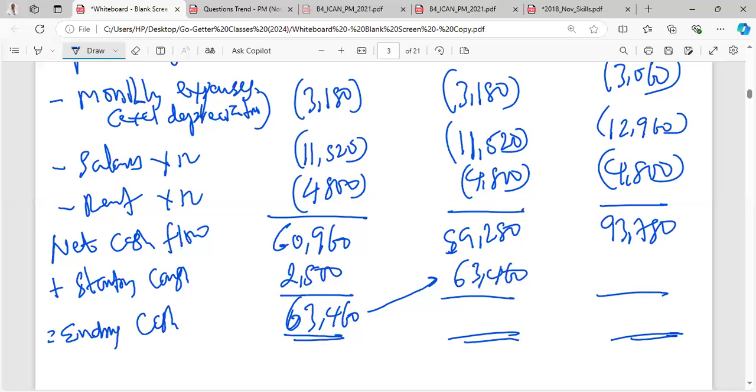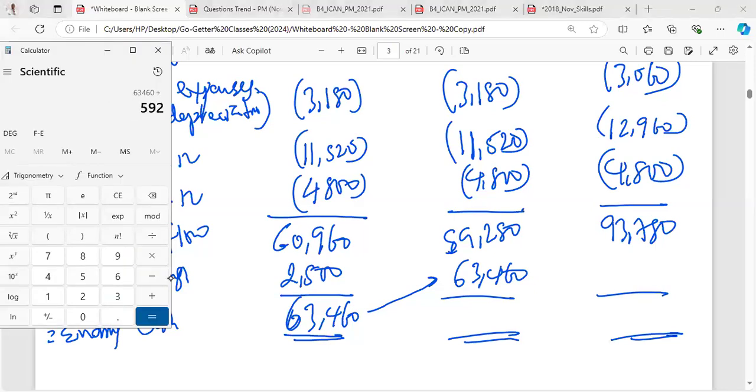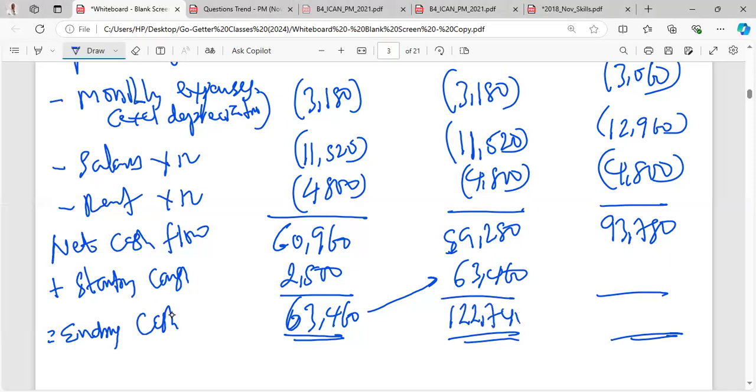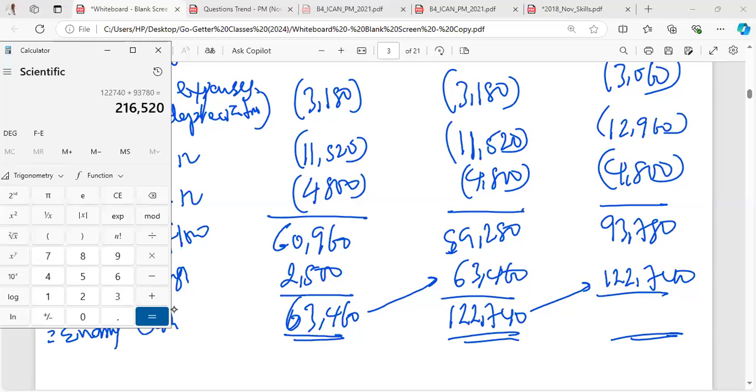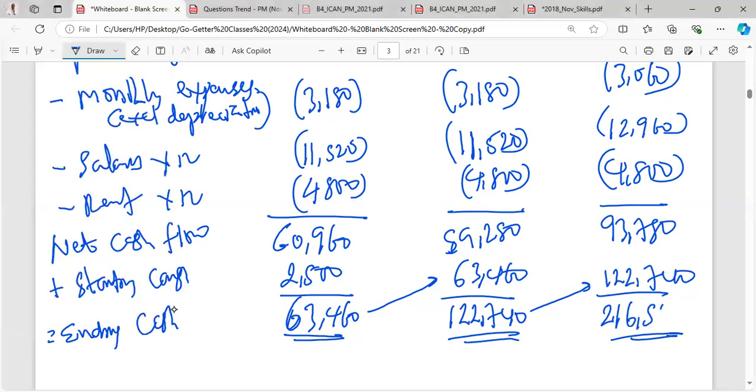So just add it to your 59,280, 122,740. That will be your beginning cash. You add it to 93,780. That gave me 216,520. So that's your cash forecast.